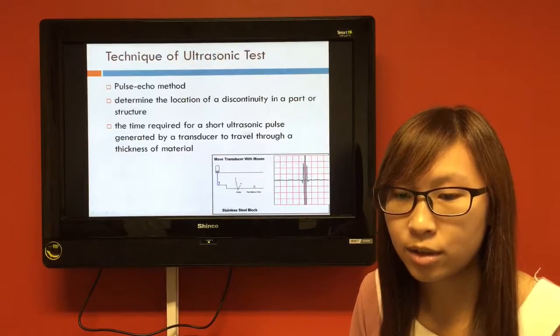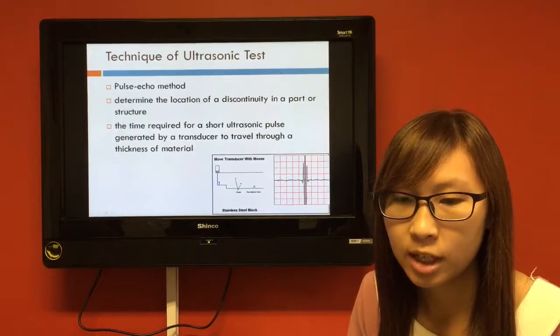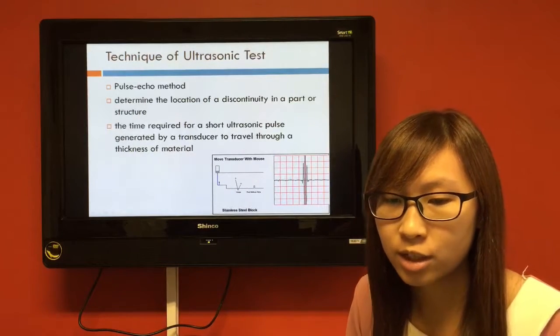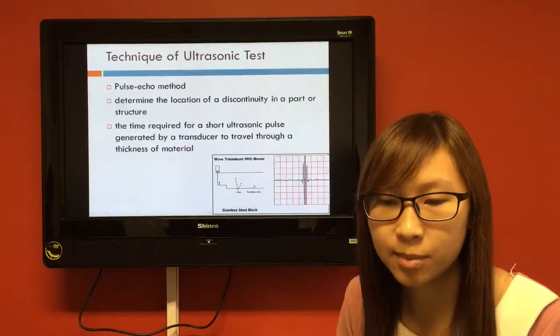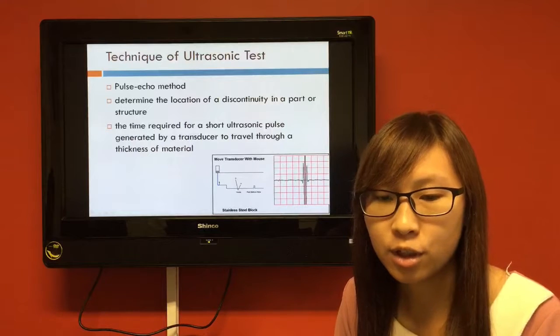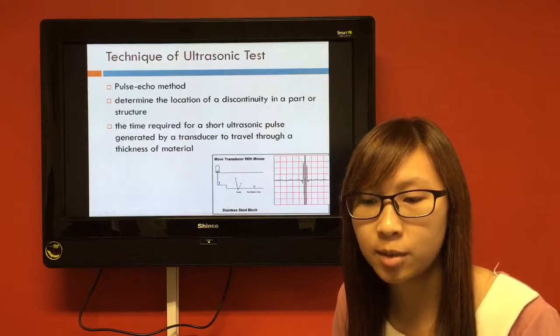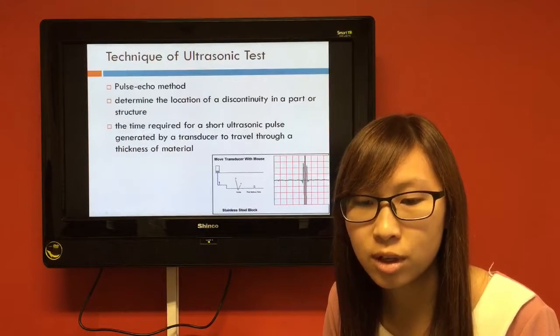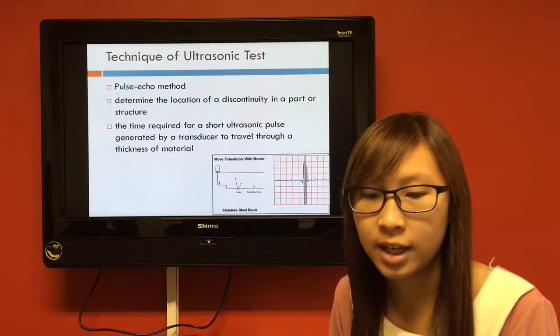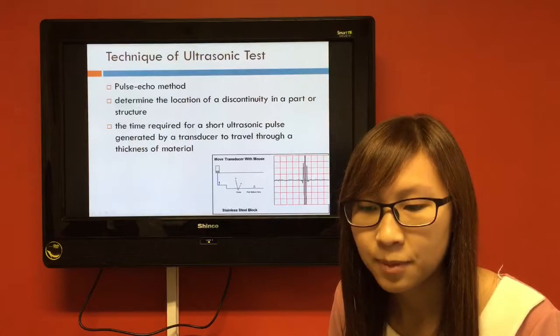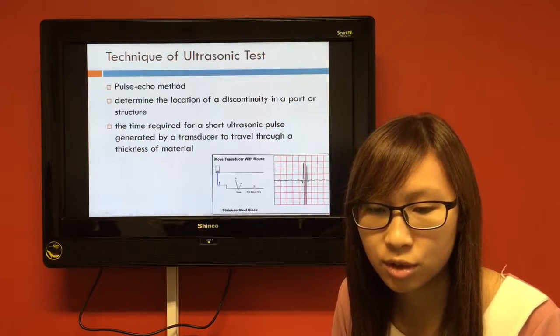Pulse echo ultrasonic measurement can determine the location of a discontinuity in a part or structure by accurately measuring the time required for a short ultrasonic pulse generated by a transducer to travel through a thickness of material, reflect from the back surface or a discontinuity, and be returned to the transducer.